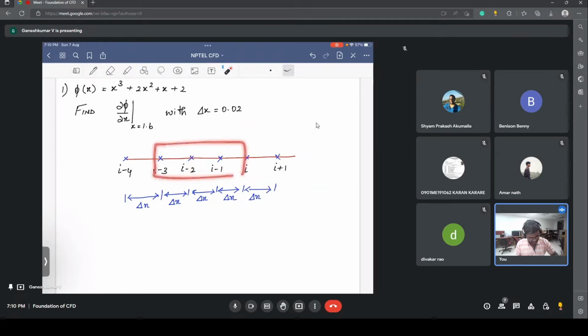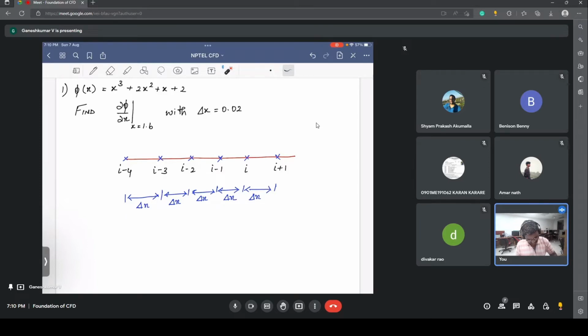With this, it's going to be a backward dominated scheme if you construct it from I minus 2 to I plus 1. You can construct it any way you want. There is no rule to construct only one way, but the consequences would be different based on different schemes. We will stick to backward difference.